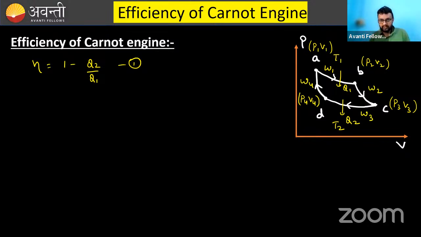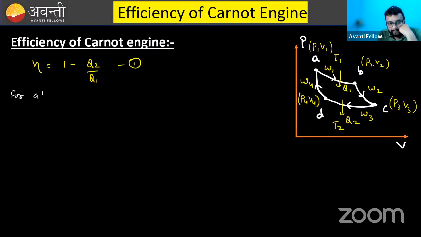Now listen to me. If I find the value of Q1 and Q2, then I will be able to find the value of efficiency. So I am going to solve for Q1 and Q2.